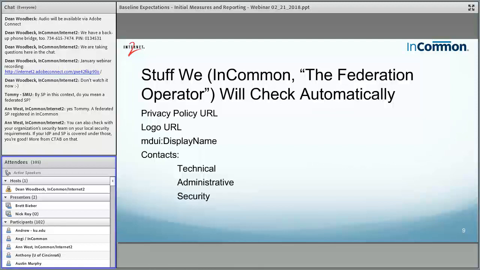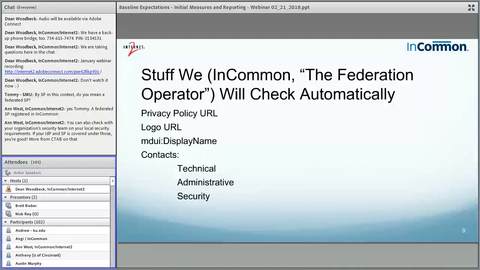So here are the things we're going to check. As is mentioned in the rules for conformance with baseline expectations, there are some metadata elements we're going to start checking. The privacy policy URL is explicitly mentioned, and then there are some metadata user interface elements like display name, logo URL, and then some contact elements.